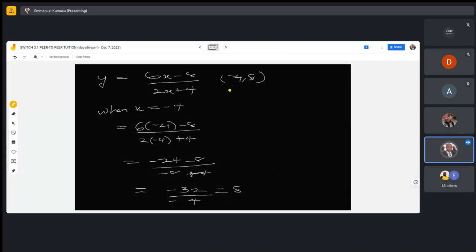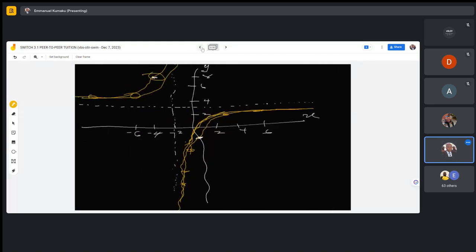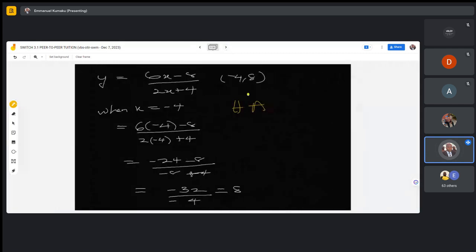Later on, when you are free, this is the equation. Our horizontal asymptote was y is equal to 3. Test values of x less than -2.